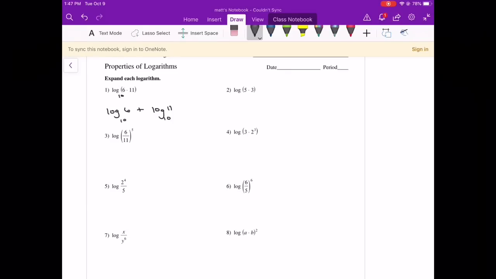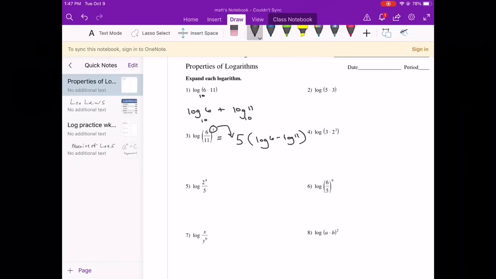All right, moving to number 3, division makes me think subtraction, and that 5 makes me think coefficient that I'm going to multiply by. So this is going to be log, well, my exponent's going to end up going out front, so 5 times, and then I'm going to have the difference of the two logs, so log of 6 minus log of 11.